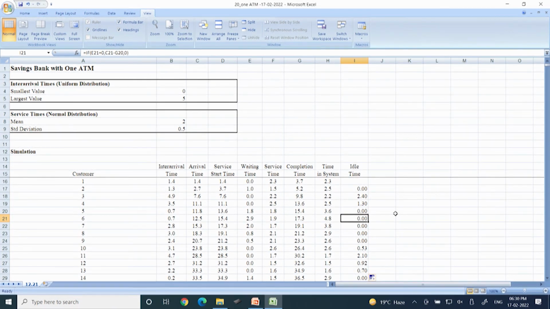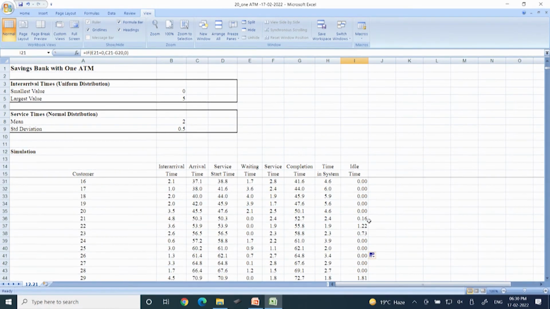That is C21, the arrival time, minus the completion time of the previous customer, that is G20. You see that G20 is 15.4 and the arrival time of the next customer is 12.5. So that many minutes the ATM is idle. That was the logic for finding the idle time. I have replicated this for 1000 customers. I will come down and show all 1000 customers.